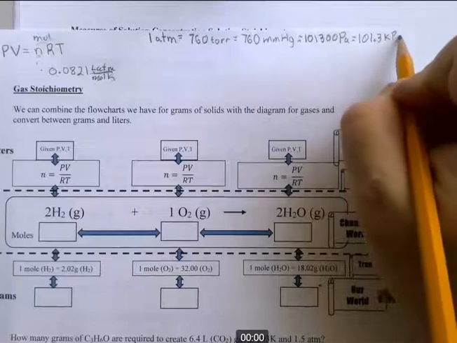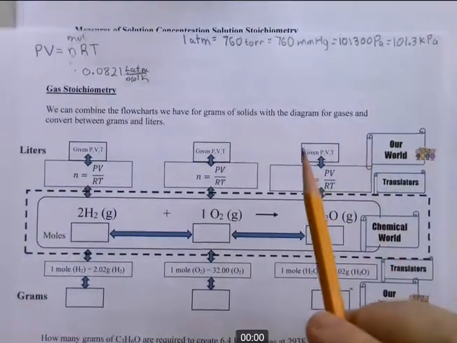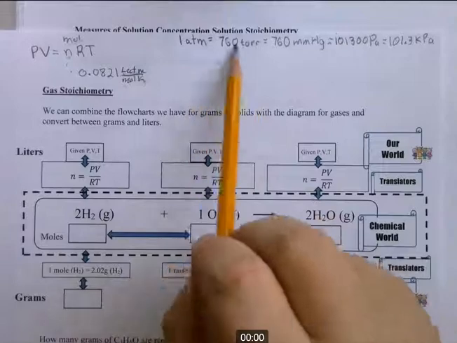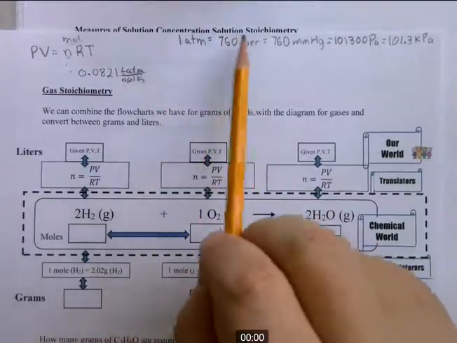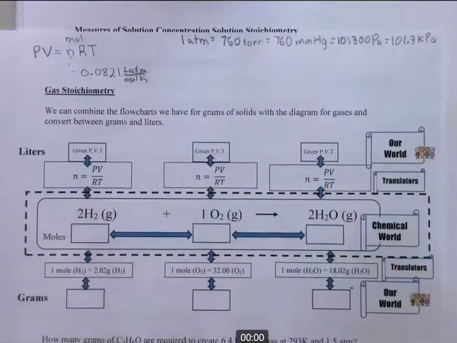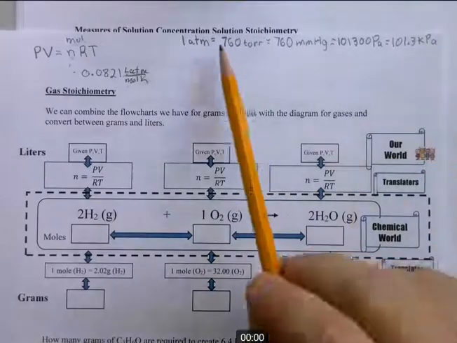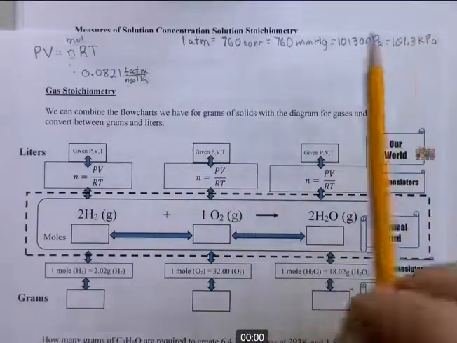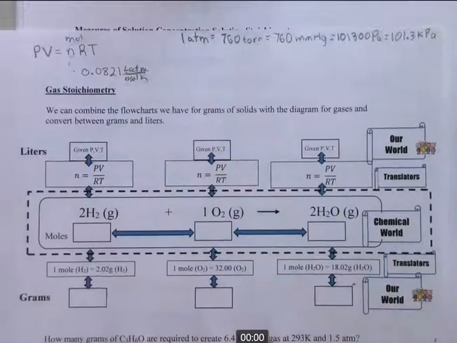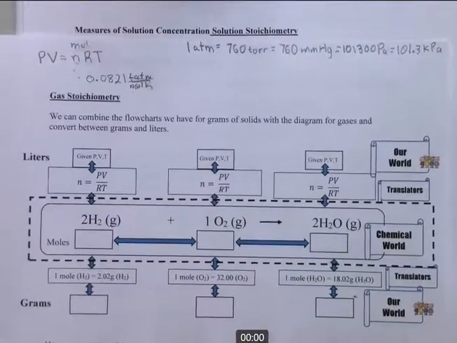So if you need to convert from, say, torr to atmospheres, you just use these as a conversion factor. 1 atmosphere over 760 torr, or 760 torr over 1 atmosphere. Between kilopascals and atmospheres, you use this over this, or this over this. You can create conversion factors out of those.